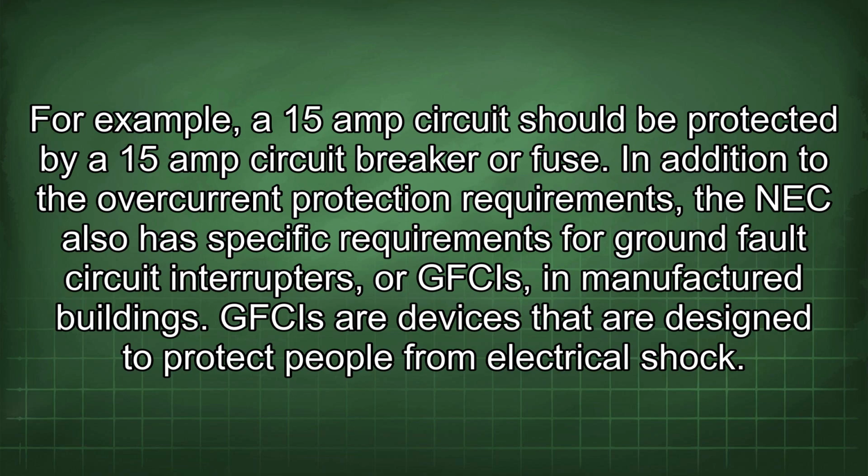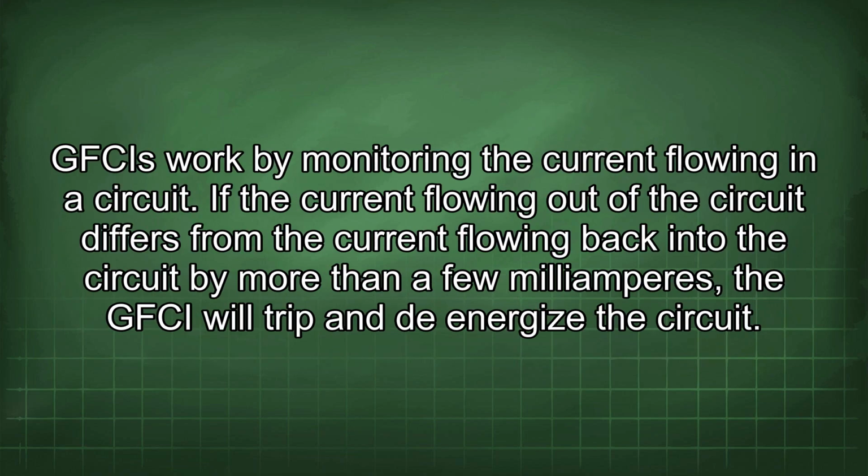In addition to the overcurrent protection requirements, the NEC also has specific requirements for ground fault circuit interrupters, or GFCIs, in manufactured buildings. GFCIs are devices that are designed to protect people from electrical shock. GFCIs work by monitoring the current flowing in a circuit. If the current flowing out of the circuit differs from the current flowing back into the circuit by more than a few milliamperes, the GFCI will trip and de-energize the circuit.